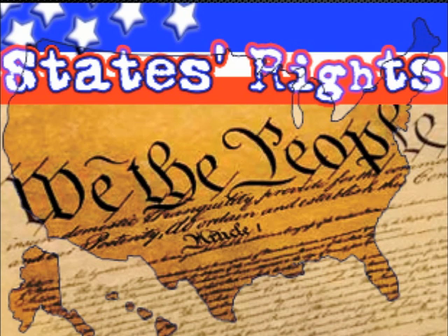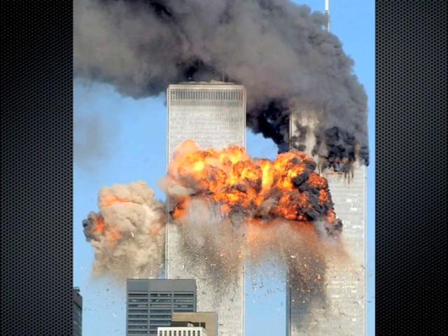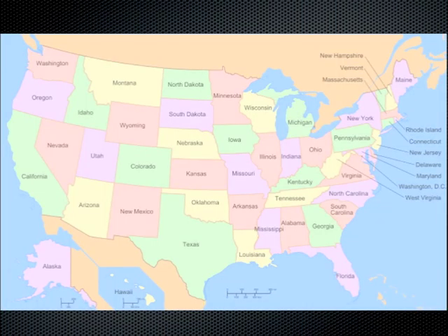The Constitution requires the national government to guarantee to every state in this union a republican form of government. The national government is also required to provide defense of the states from foreign invasion and aid in protecting against domestic violence in the states. The national government is constitutionally bound to respect the territorial integrity of each of the states.